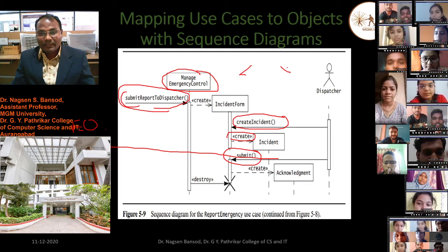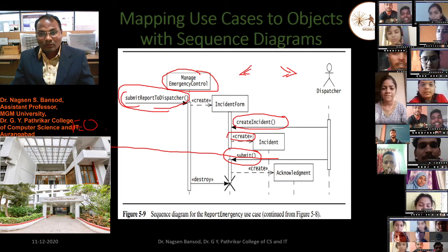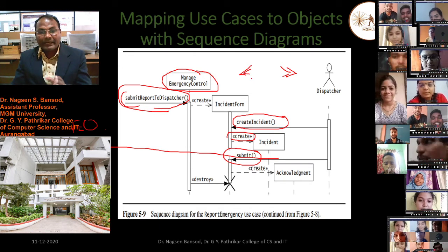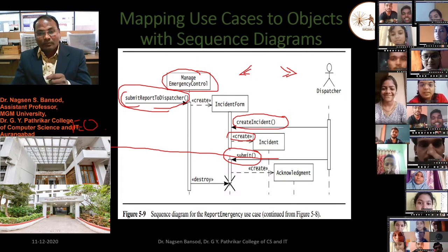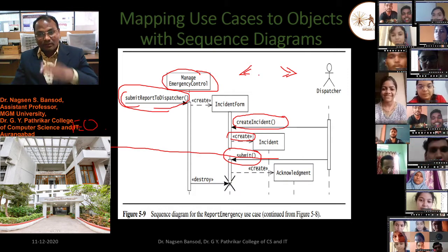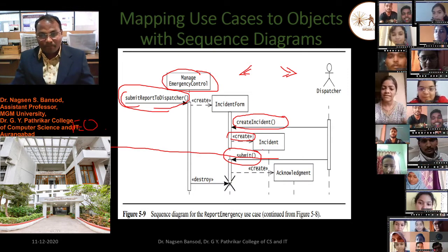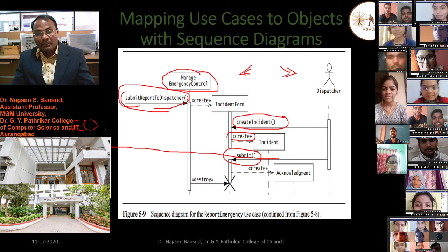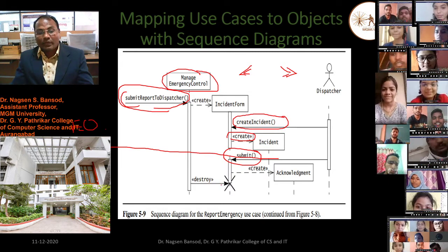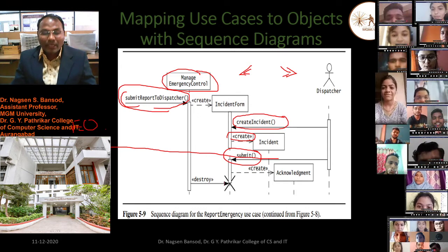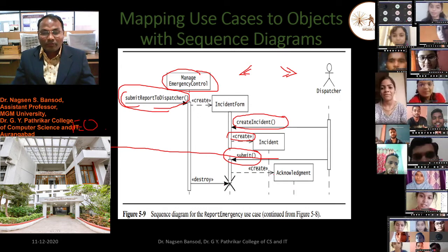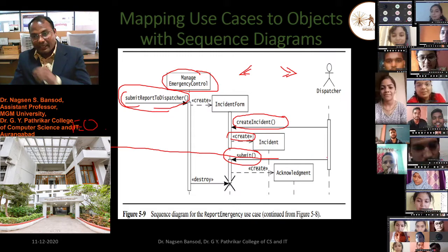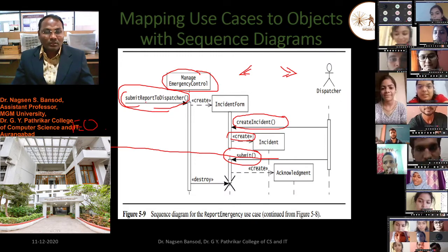We can write it in opening and closing brackets as a stereotype, meaning it will extend create. If this does not happen, then this will be extend and create destroy like this. Otherwise the acknowledgement will be created and it will be passed to the dispatcher.